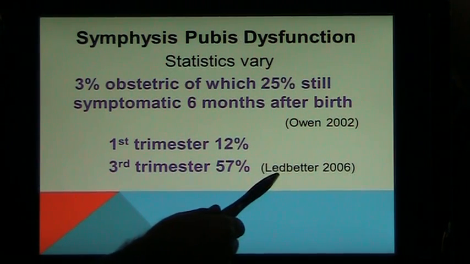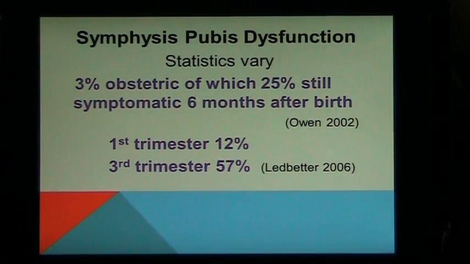Ledbetter, in 2006, did a nice article, and found that in the first trimester, about 12% of his population had symphysis pubis dysfunction, which increased to about 57% in the third trimester. Is it a good thing or a bad thing? Well, the child has to be born, right? The infant has to move through the pelvis.